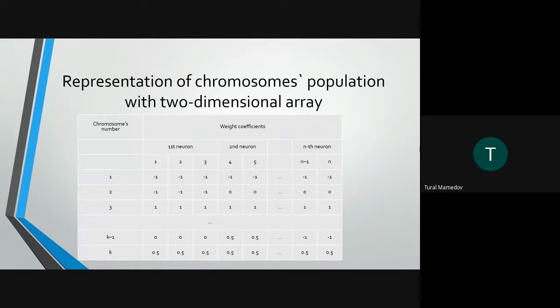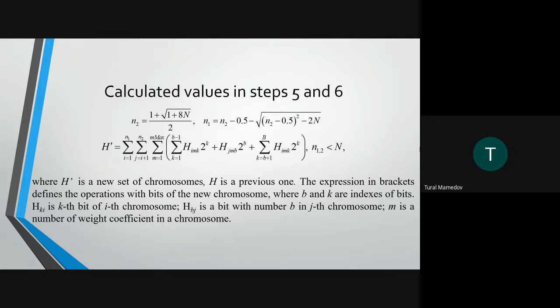Here is a representation of the chromosome population as a two-dimensional array. This is related to the first step. And these are the calculated values in steps 5 and 6. These are the operators of crossover and mutation.